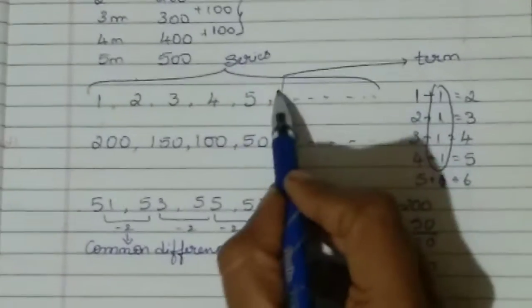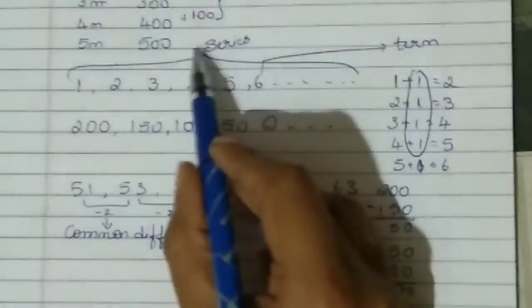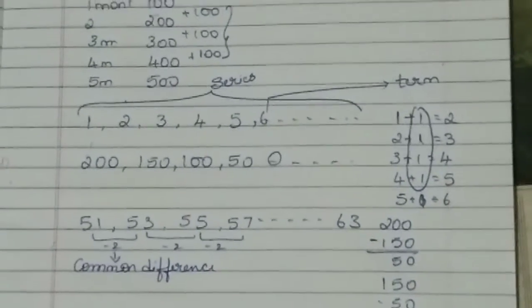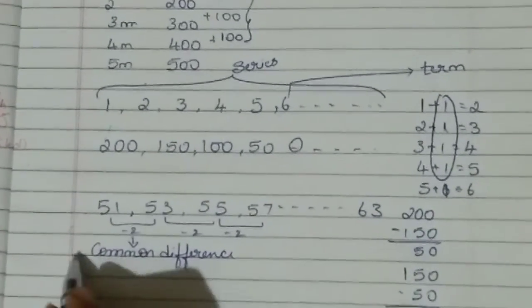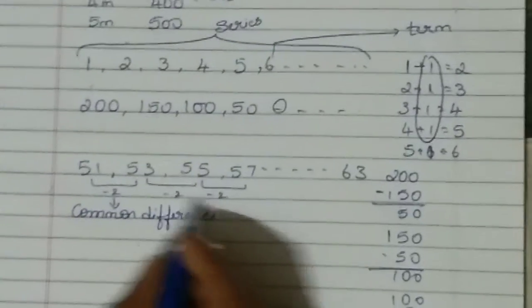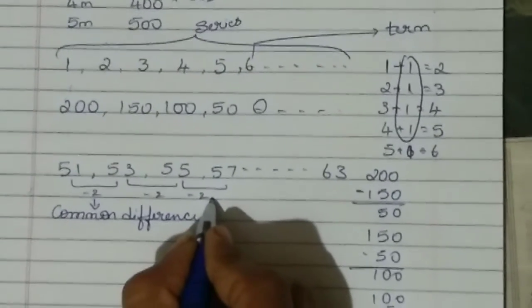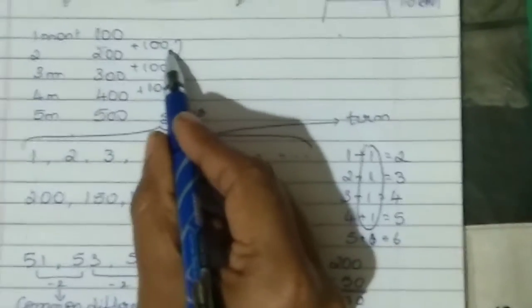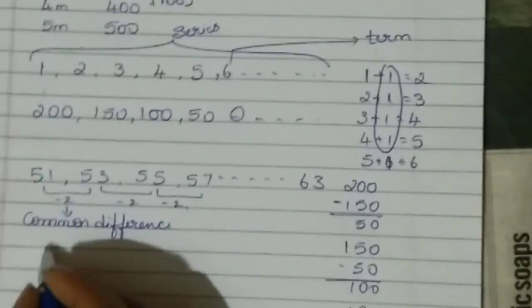So you got to know which is term, series and common difference. So here the common difference could be negative also. Here common difference is a positive number. Here common difference is a negative number.